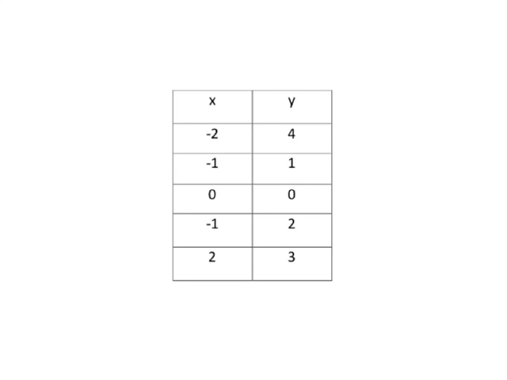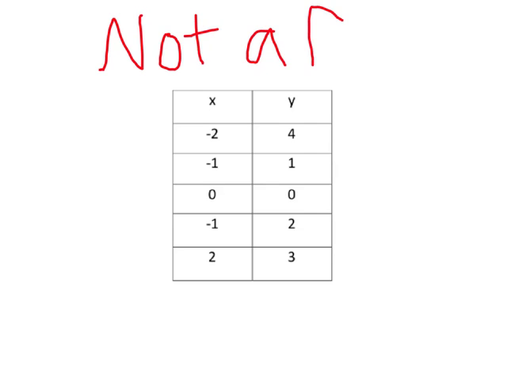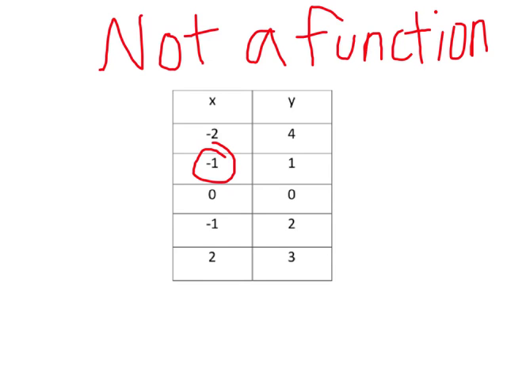For the third table, try this one on your own. Is this table a function? The correct answer for this one is no. This is not a function. If we look at our table, we can see the 2 points that tell us why. So when x is -1, y equals 1.